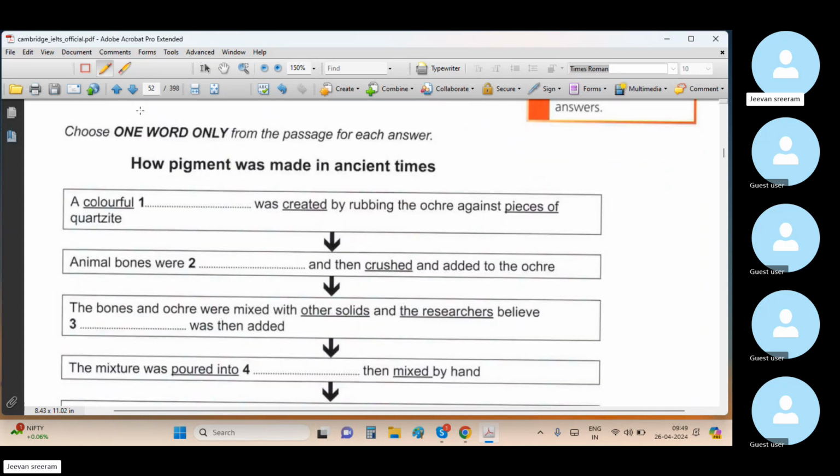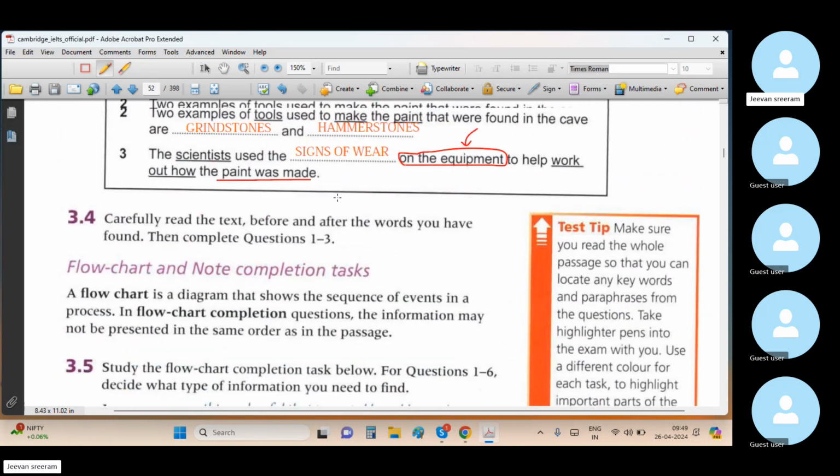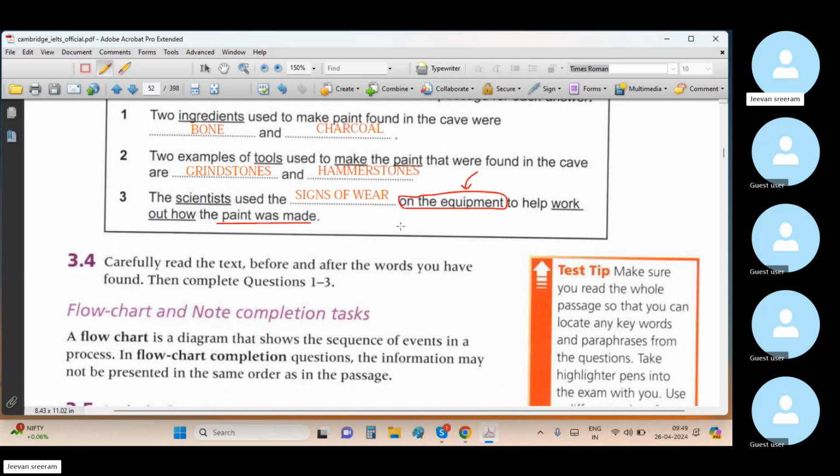Flowchart completion, one word only. And let me see which paragraph exactly you should be able to make use of to answer this flowchart.